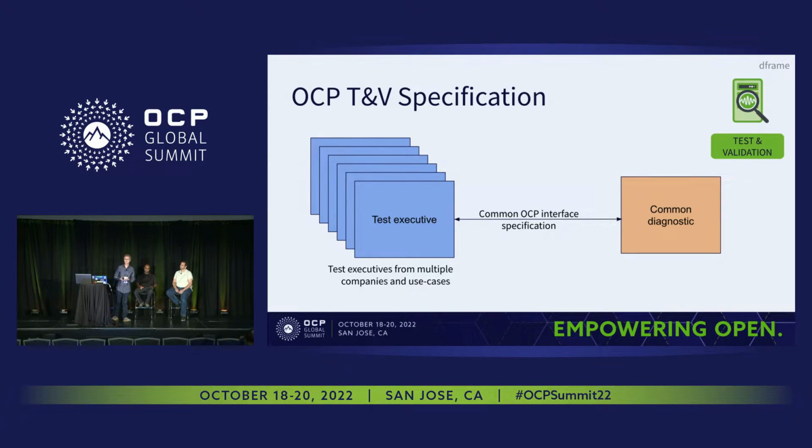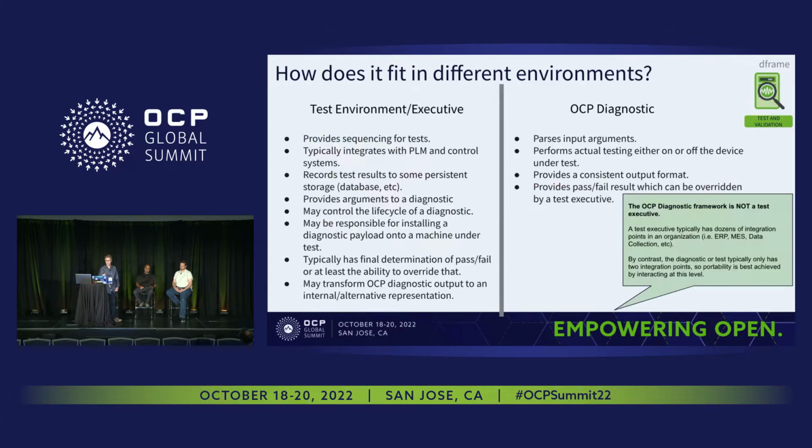We also have support for ConTest, which you saw during the OCP firmware and open source firmware testing presentation. And then finally, we have Fava, which is a manufacturing test executive that Meta uses. All of these run the same diagnostics. They churn the information into the shape they need, but all the tests are portable across all those different environments.